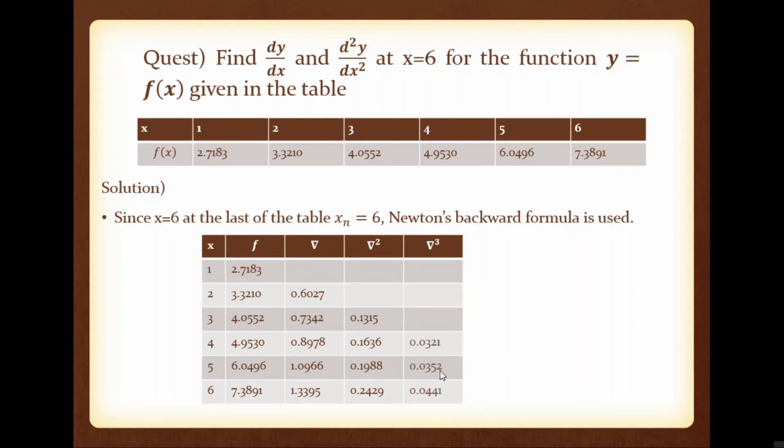So we have 0.0441, 0.0352, 0.0321. These are the del cube column.